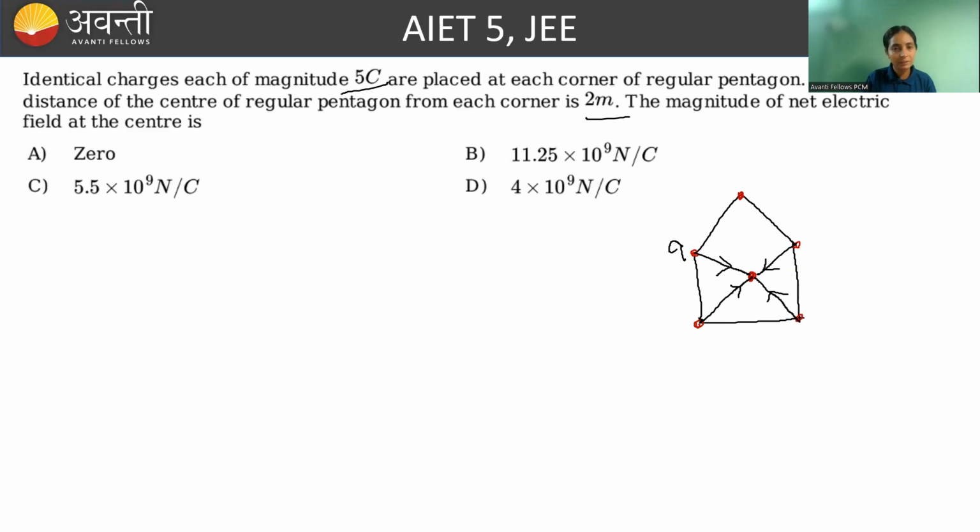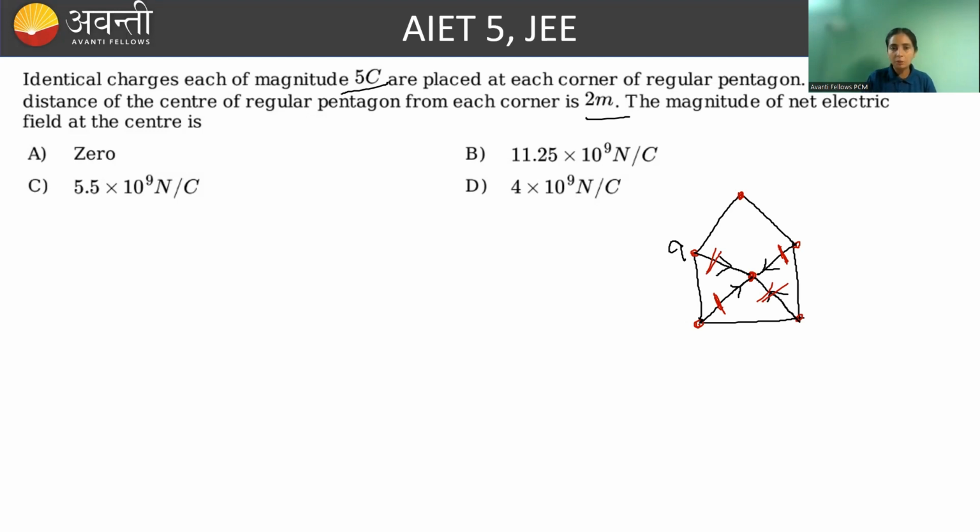But if you see the electric field because of these 4 charges, forgive my little bit of drawing mistake, you can clearly see this electric field and this electric field are equal, so they will cancel each other. Similarly, this and this will be equal. It doesn't seem so in the diagram because I have not drawn it perfectly, but they will also be opposite, and will also cancel each other.